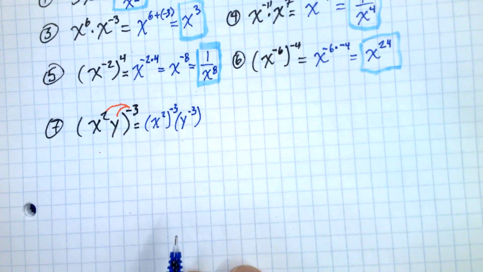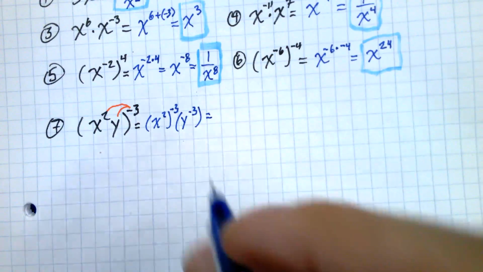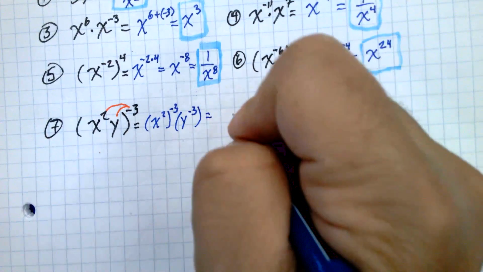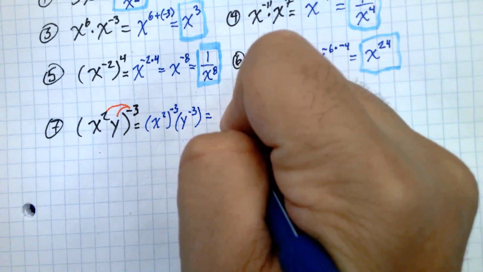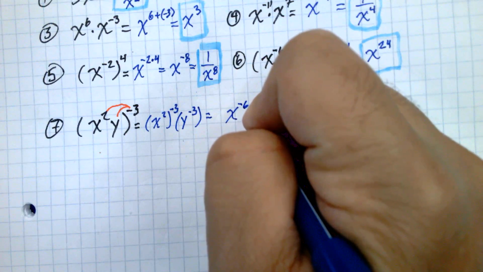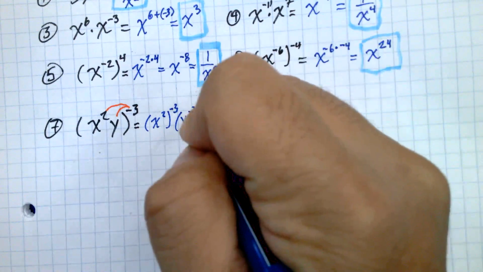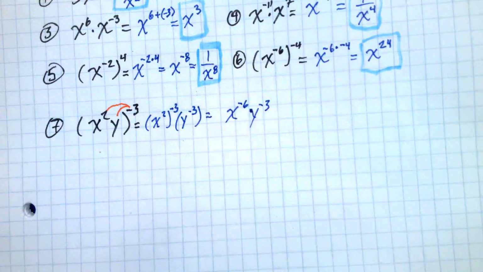So let's see what that gives us. That's going to give us x to the... I put the parentheses around the wrong spot. Oh well. Sorry about that.